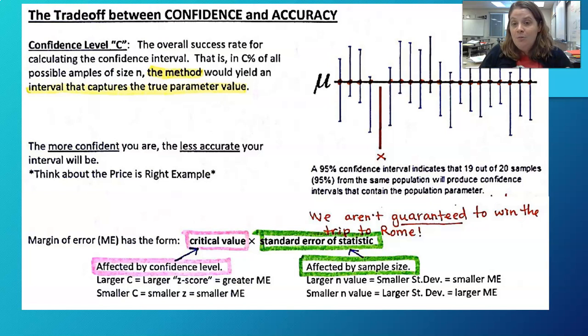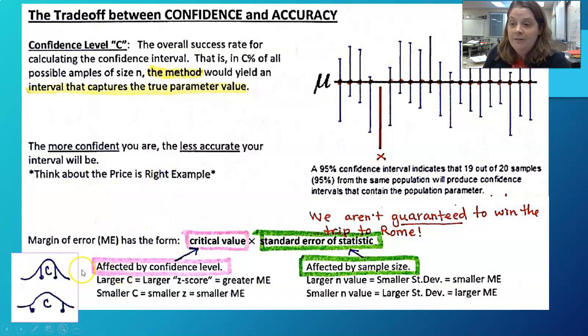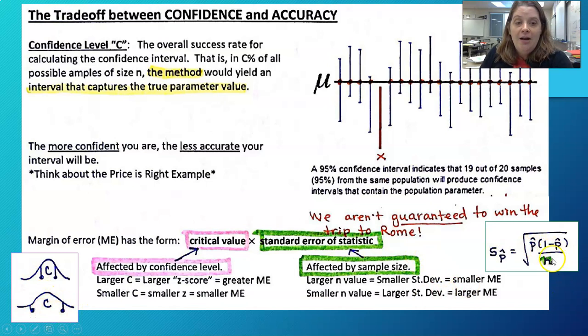The other part of this formula is the standard error of the statistic. Confidence level is based on a wider, more confident interval. The thing that affects the standard error more than anything else is the sample size. A larger sample size gives you a smaller standard deviation, or smaller standard error, and that's going to make the margin of error smaller.